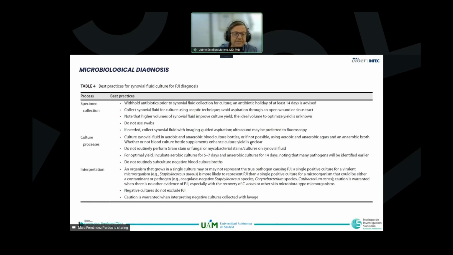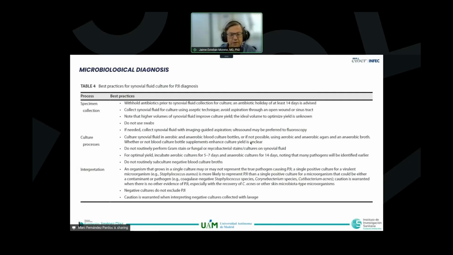As best practice in our review, we have seen the inoculation in blood cultures, the need for a prolonged incubation if necessary, especially for anaerobic cultures, which need to be maintained after 14 days if a clinical suspicion of infection exists, and the interpretation of the results is sometimes very difficult.